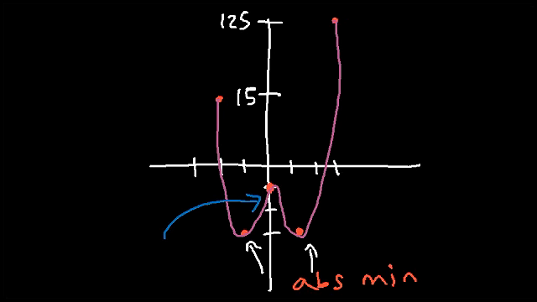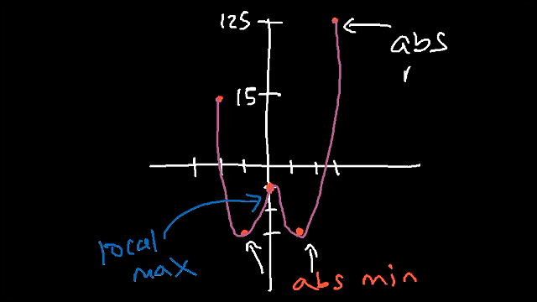And here we have a local max. And this is the highest point on the graph, so this is the absolute maximum value. So now that you understand the process for finding the absolute extrema on a graph, let's focus on harder problems now.